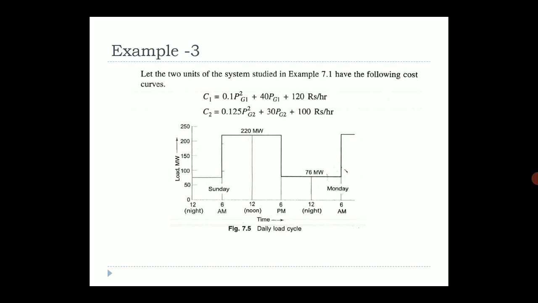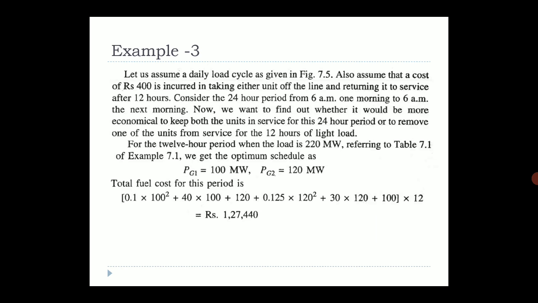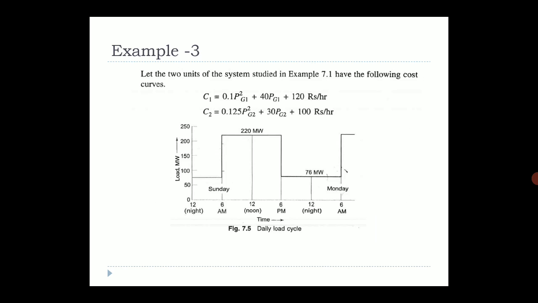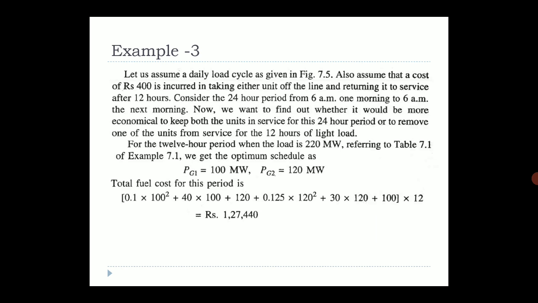Now we have to see an economic way to distribute the generators. We have two generators to supply this load. The load curve is given. It is an example taken from the book. The book says: let us assume a daily load cycle given in figure 7.5. Also assume that a cost of rupees 400 is incurred in taking either unit off the line and returning it to service after the next 12 hours.